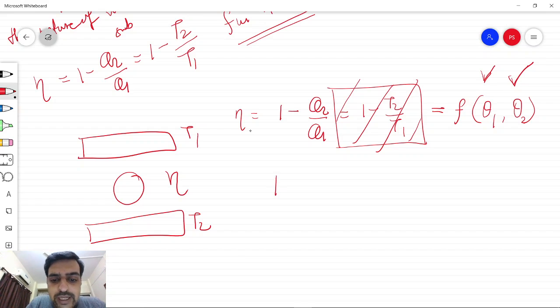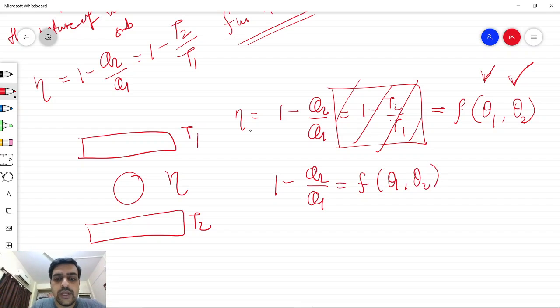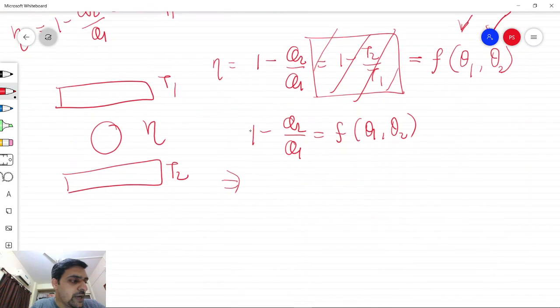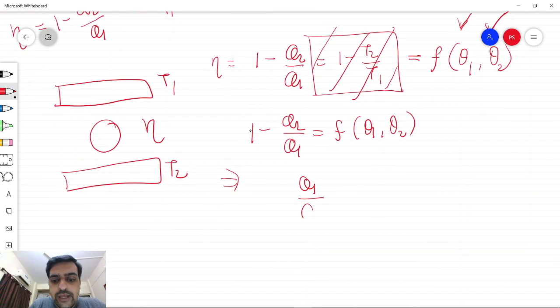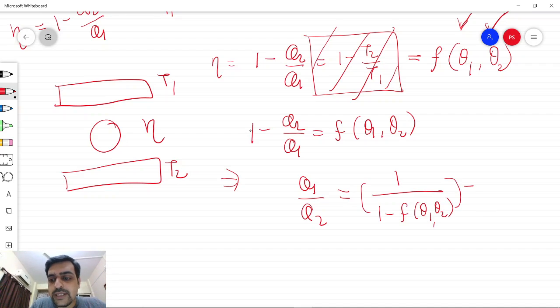So this 1 minus Q2 by Q1 equal to f of theta 1 comma theta 2 can be rearranged to have Q1 by Q2 equal to 1 upon 1 minus f of theta 1 theta 2, and this new function, let us call it capital F of theta 1 theta 2.